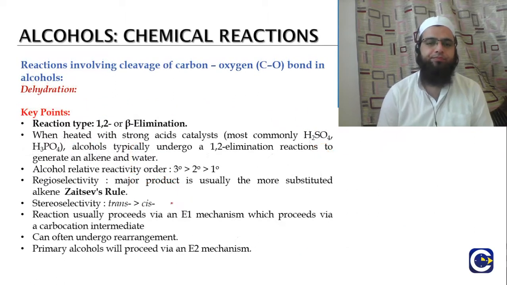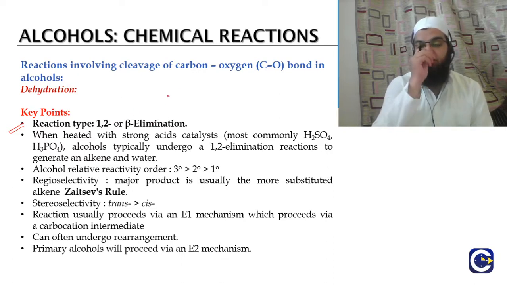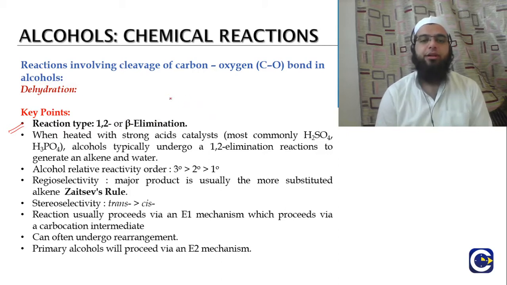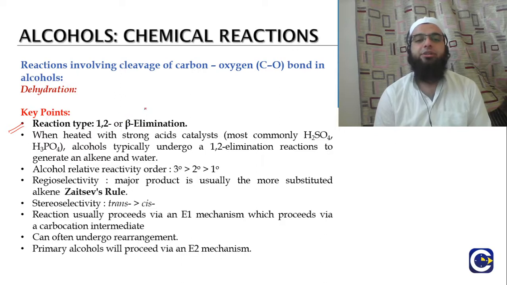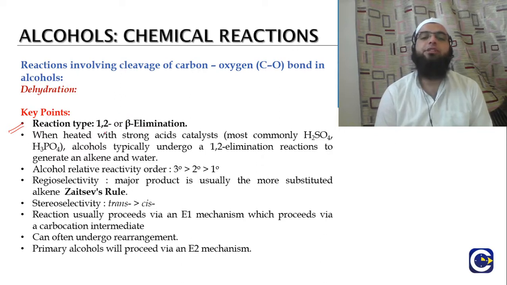Okay, so we have to remember some key points of the reaction. The reaction is a 1,2 elimination reaction, or we also call it beta elimination, because there is the elimination of hydrogen from the beta carbon. So that is why we also call it beta elimination, or 1,2 elimination.